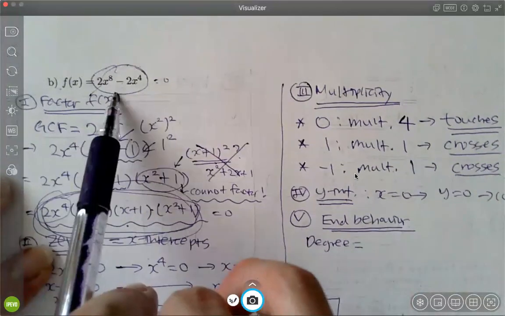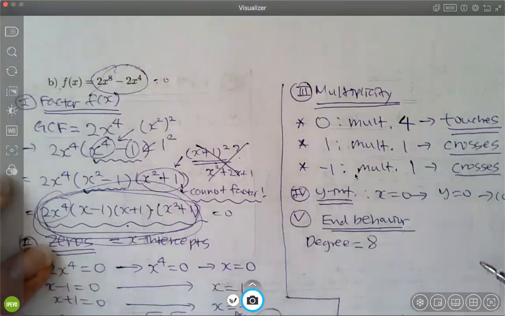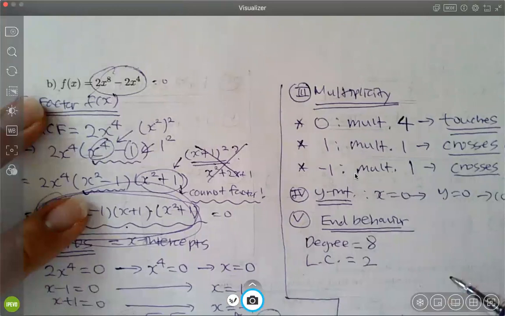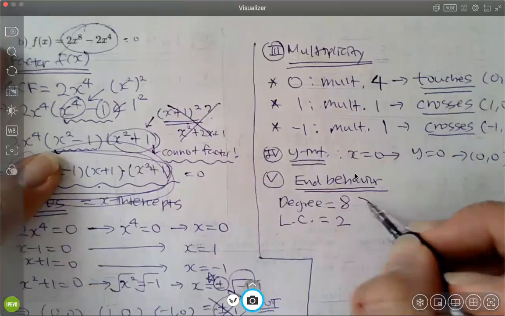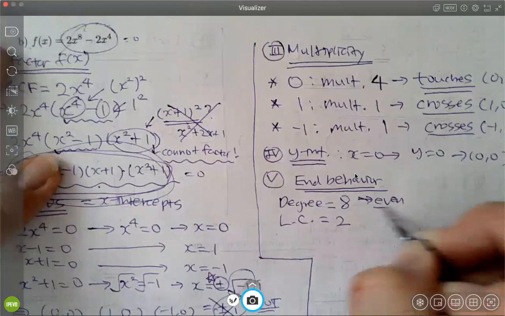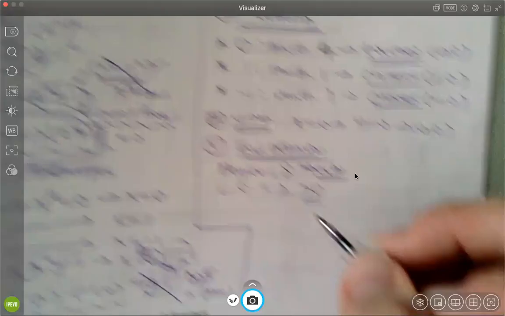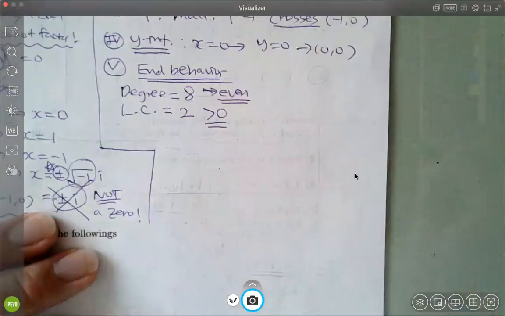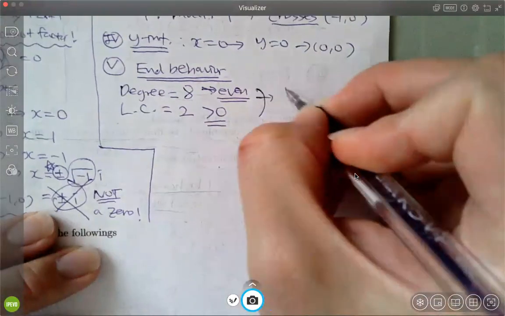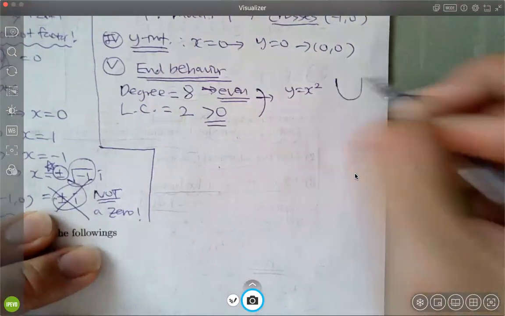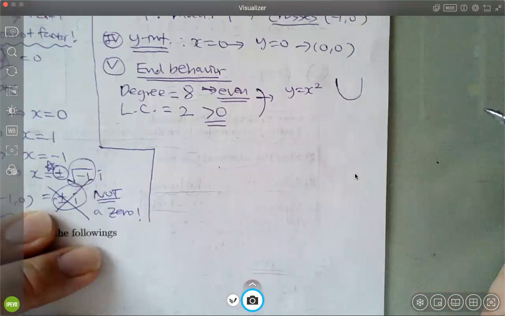And what's the degree? 8, right? And what is the leading coefficient? The 2, right? So the degree is even, and the leading coefficient is positive. So what is the sample function here? We look at y equals x squared, whose graph is this one. So what's the end behavior? Up, up, right?